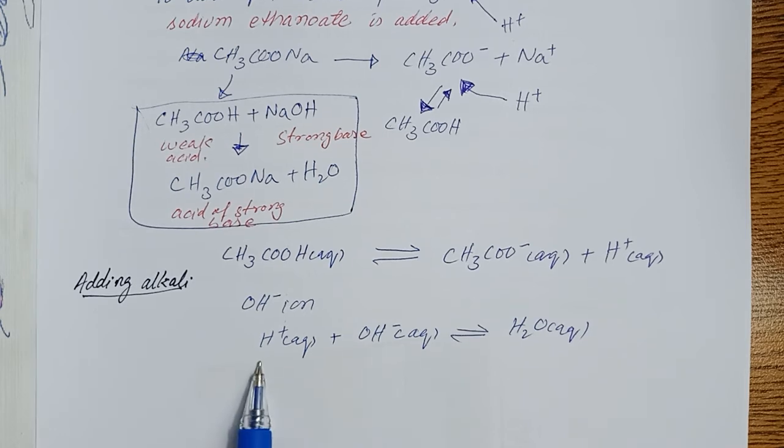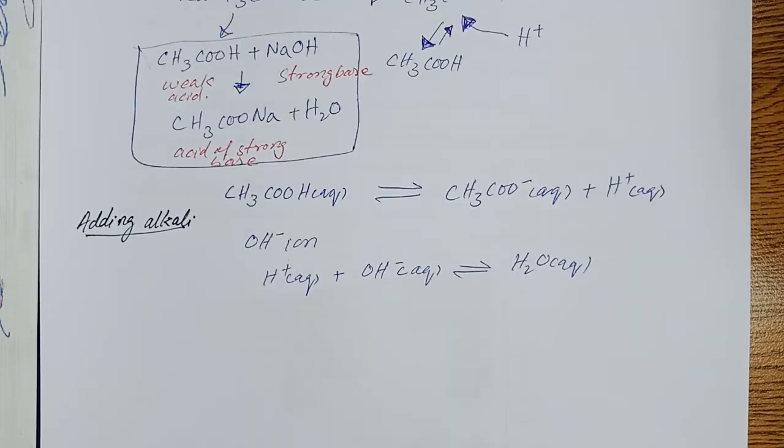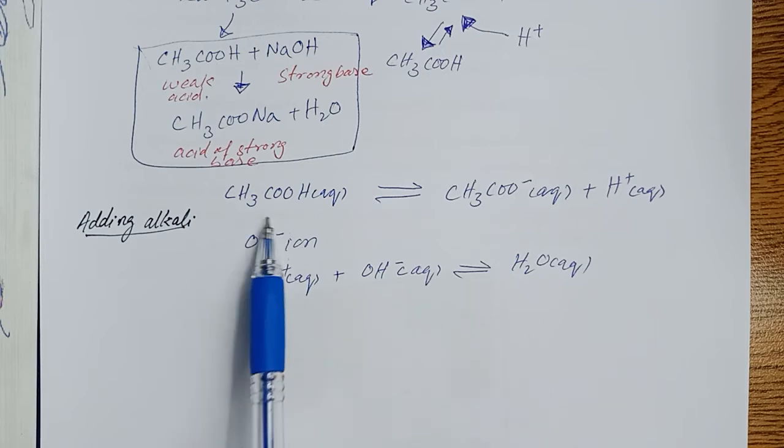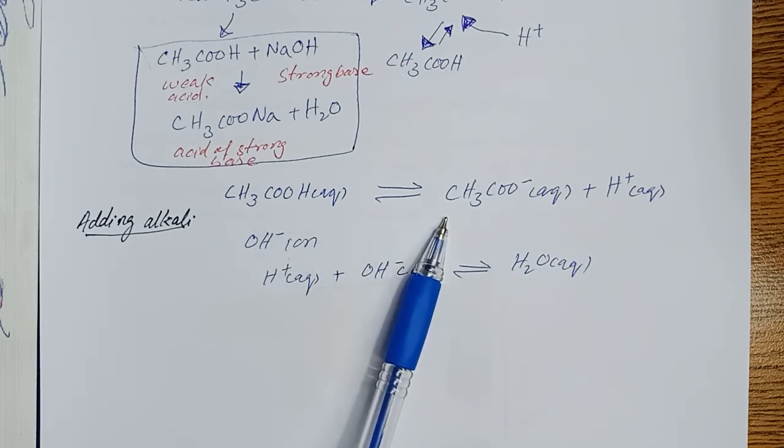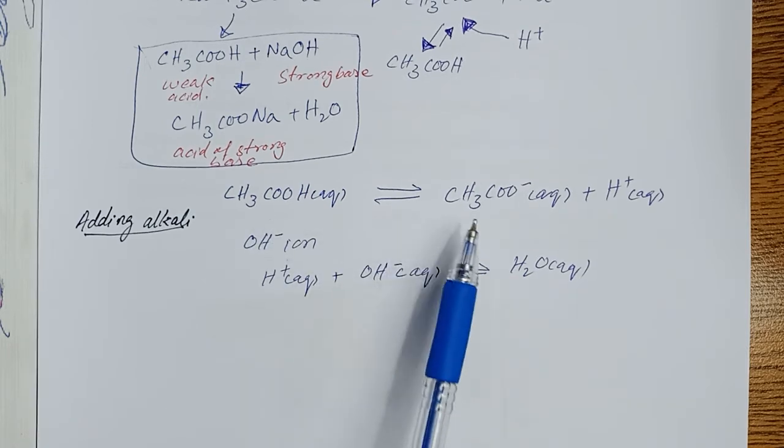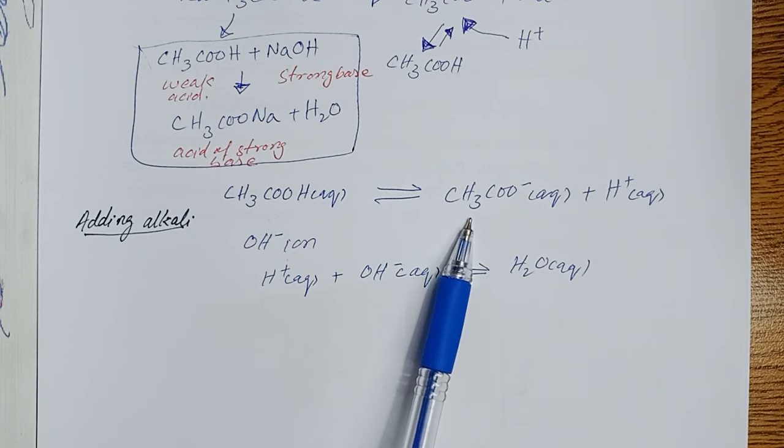So the removal of hydrogen ion from the weak acid equilibrium means that, according to Le Chatelier's principle, more acetic acid will dissociate to form ions to replace those being removed.